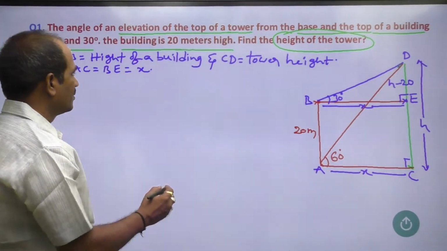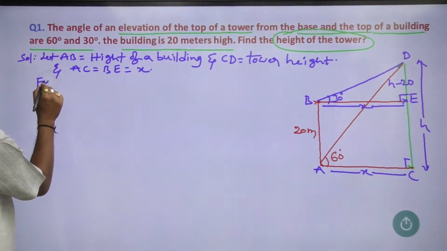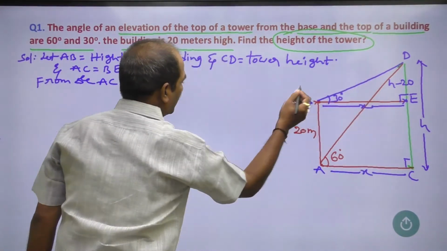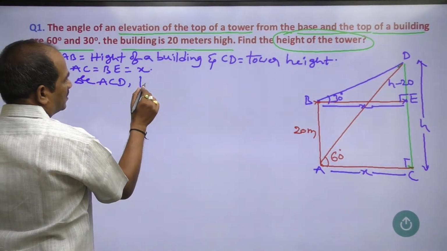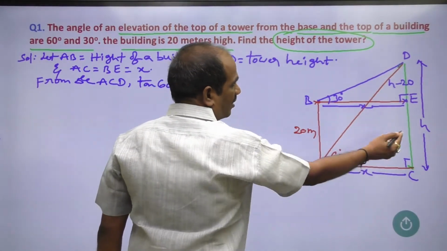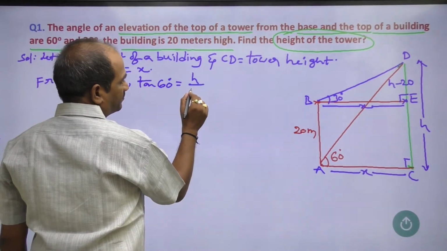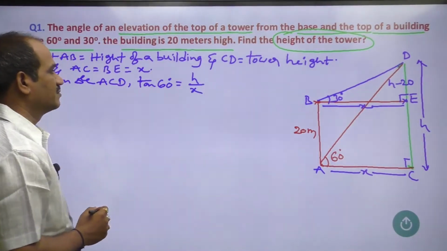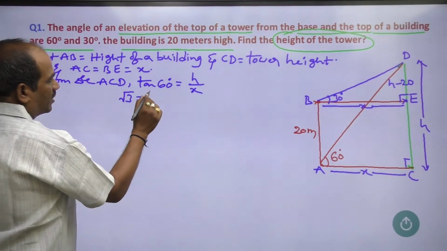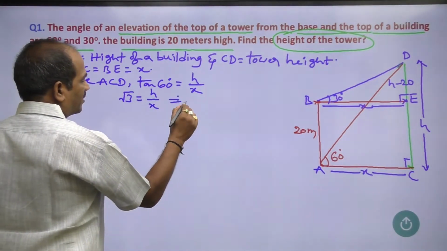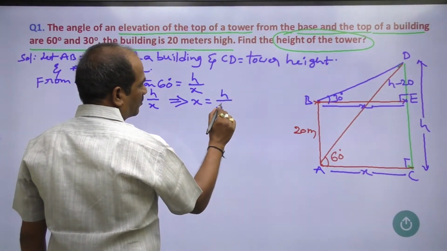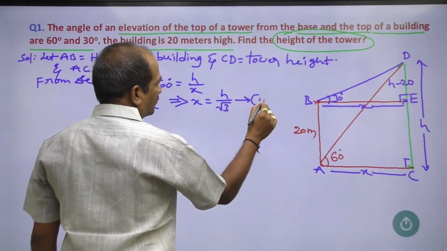The opposite side is H, so tan 60 is equal to H by X. The value of tan 60 is root 3, so root 3 is equal to H by X. Cross multiplying, X is equal to H by root 3. That is equation number 1.